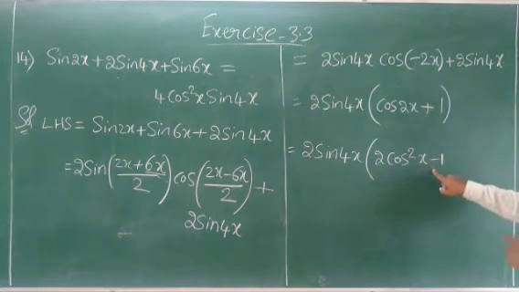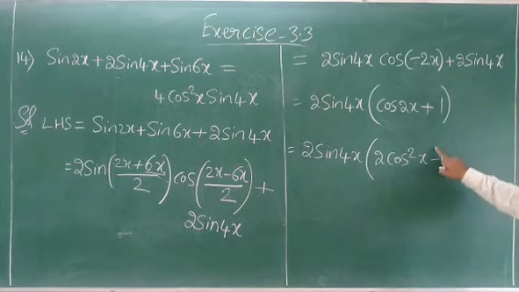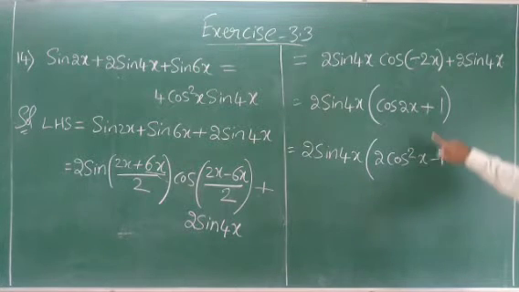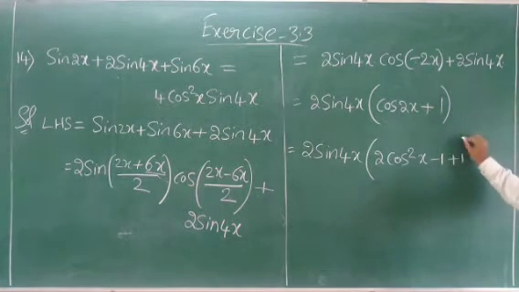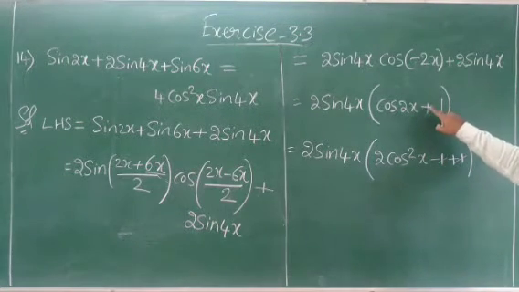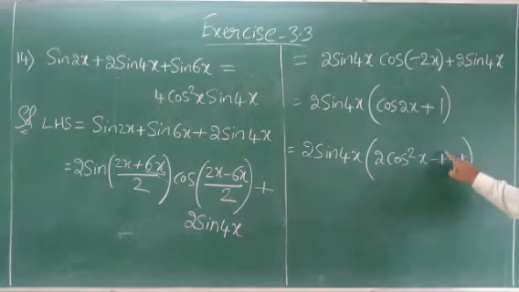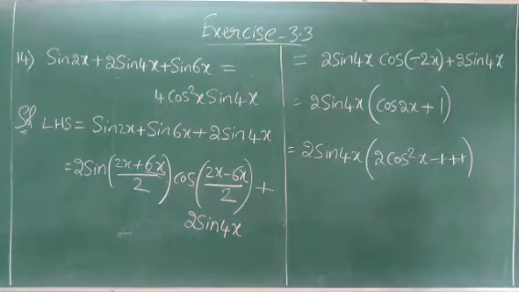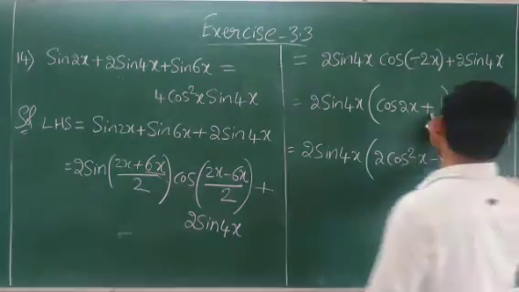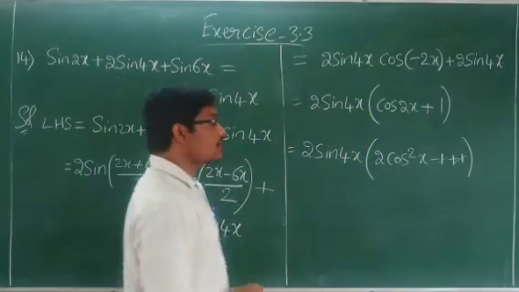Why are we using this formula only, out of 4 formulas? Because we get minus 1 here and we have plus 1, so we can cancel. Suppose if here you have minus 1, then you have to select the formula where you get plus 1, that is 1 minus 2 sin square x. So based on plus 1 or minus 1, we have to choose the different formula.